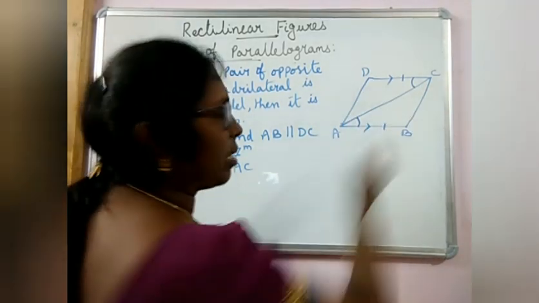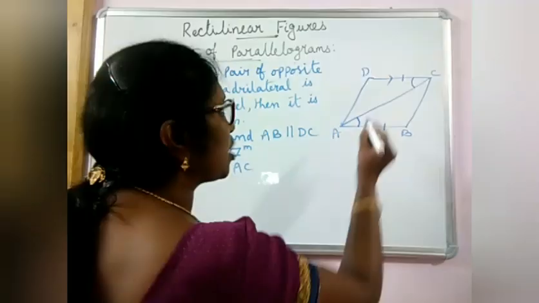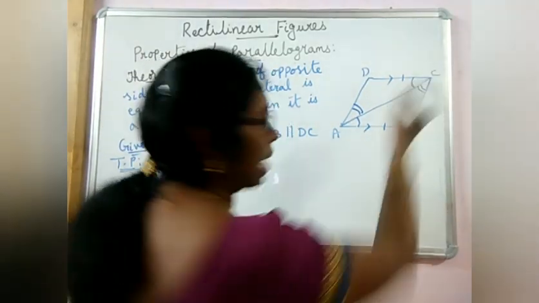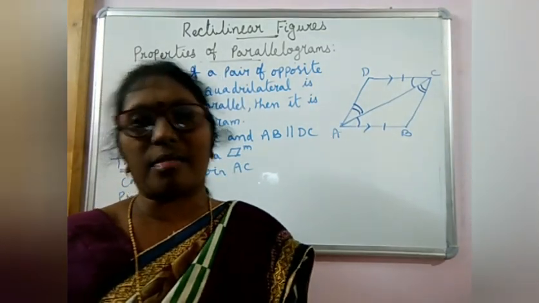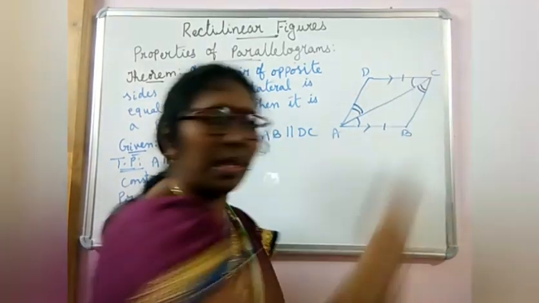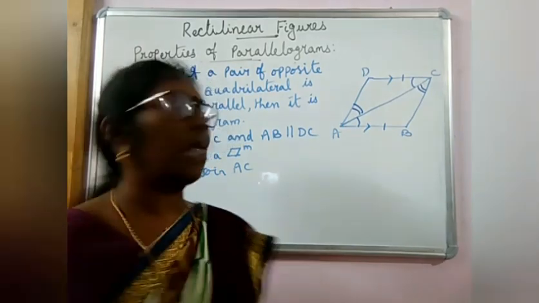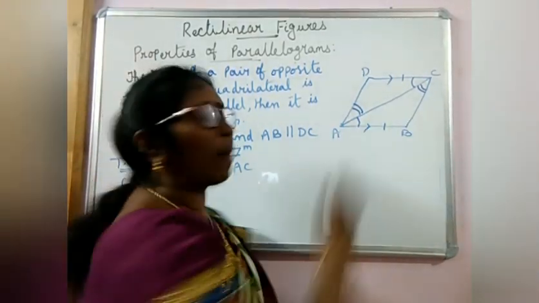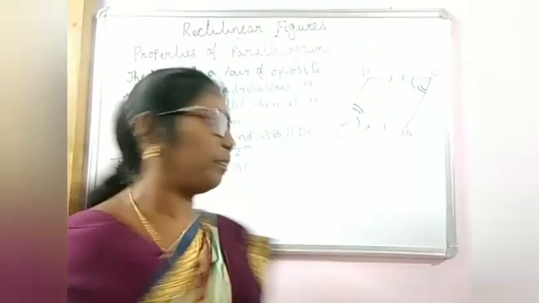If these two triangles are congruent, by CPCTC, we can show that this angle is equal to this angle. But they are interior alternate angles. If a pair of interior alternate angles are equal, the lines are parallel. So AD will be parallel to BC. AB is parallel to DC already given. So ABCD is a parallelogram.